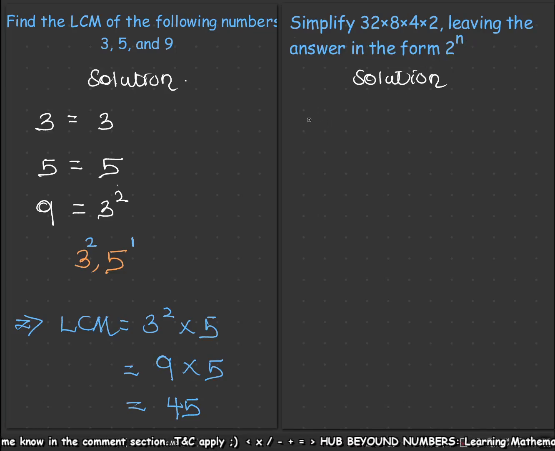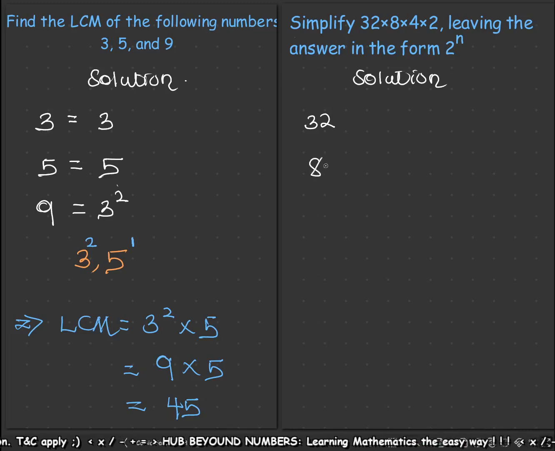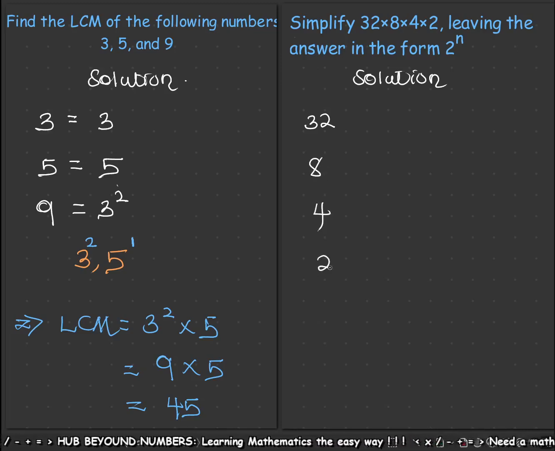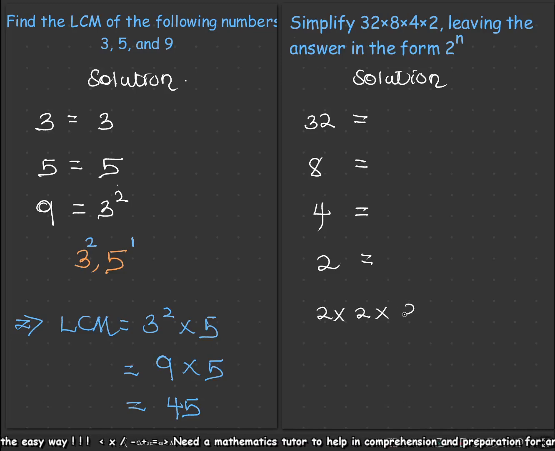That is, we have to write 32 as 2 to the power something, and we also have to write 8 as 2 to the power something. You see, so for 32, 2 raised to the power what gives us 32? Now it simply means you are supposed to know all of this. That is 2 times 2 times 2 times 2 times 2.